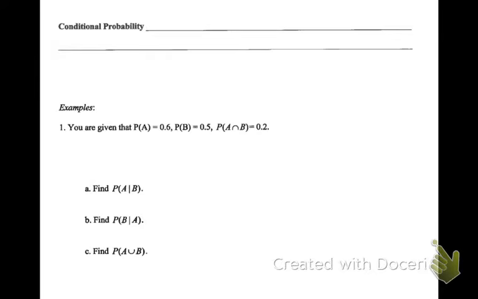Okay, now let's get to something called conditional probability. Conditional probability is the probability that an event happens given that another event happens.